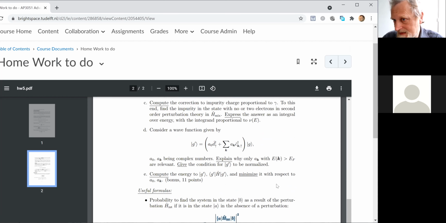Next, this is really the calculation part, which everybody has to do. Then there is a less sensible part, I would say, less sensible in the framework of this problem. We are given a wave function, which can be used as a probe wave function, in fact. So it has adjustable parameters.